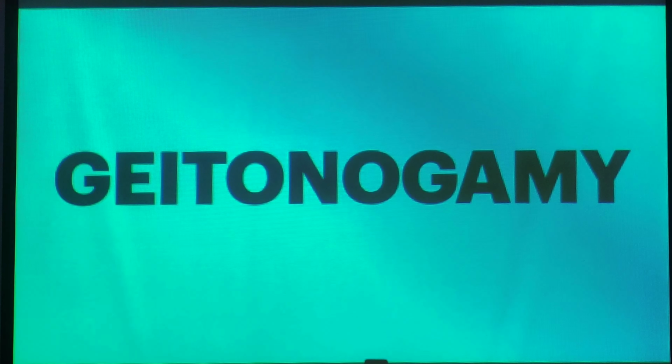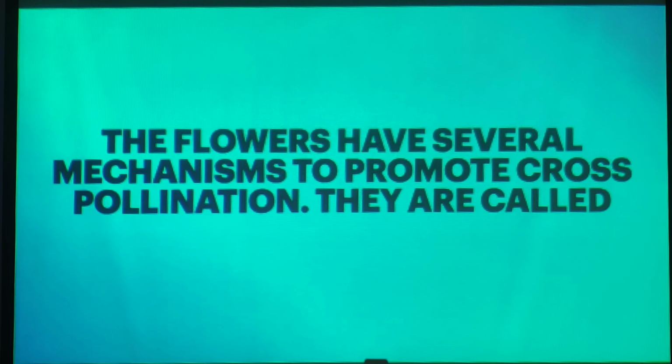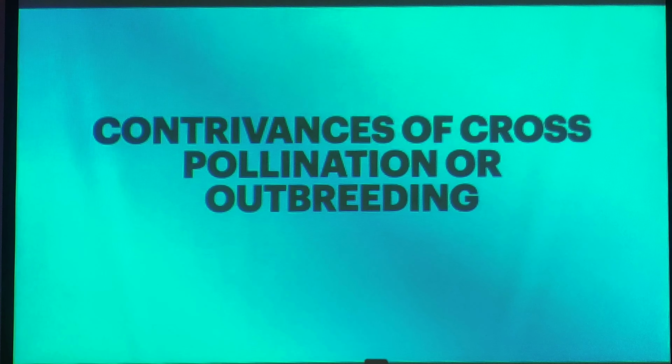Geitonogamy. The pollen deposits on another flower of a different plant of the same species is called xenogamy. The flowers have several mechanisms to promote cross-pollination. They are called contrivances of cross-pollination or outbreeding.